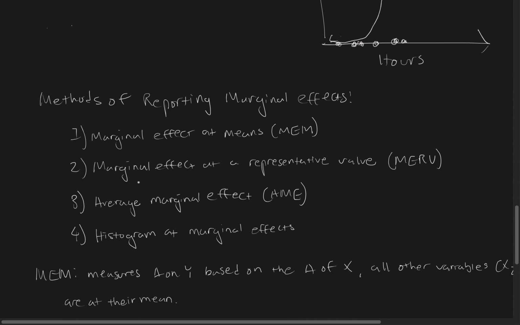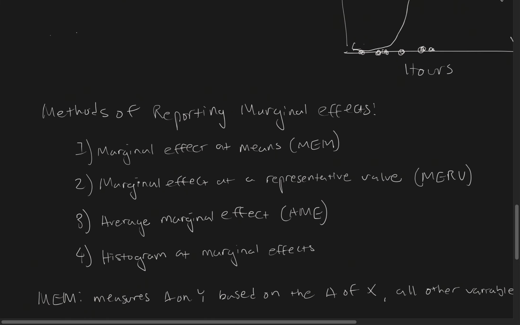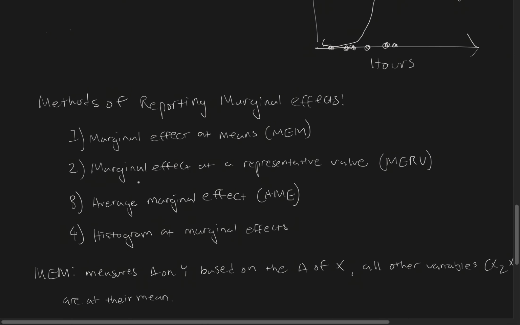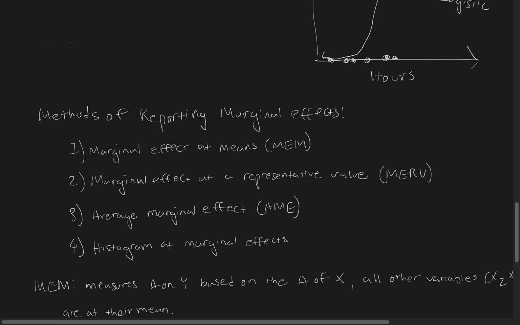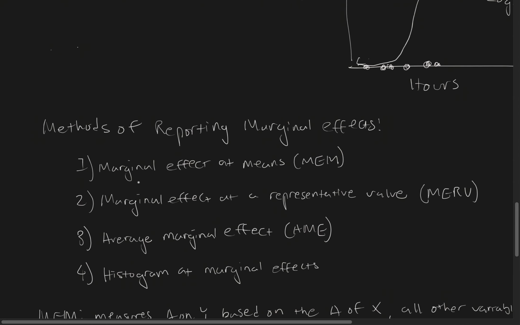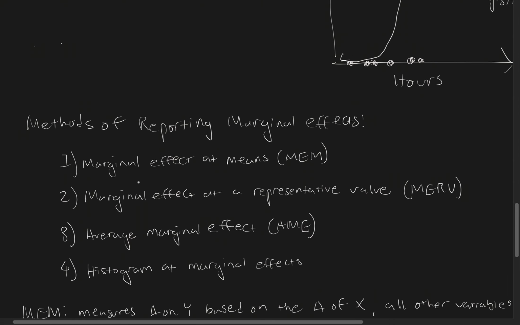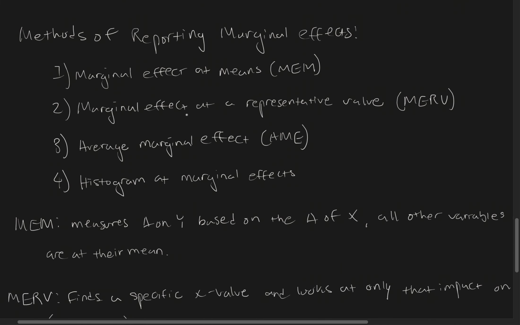All right, finally, before I go into the logit model, I want to go over the different ways of reporting the marginal effects. This isn't only applicable to the Probit model or the probability regression functions, but this is where we learned it, so that's where I'm going to teach it right now.